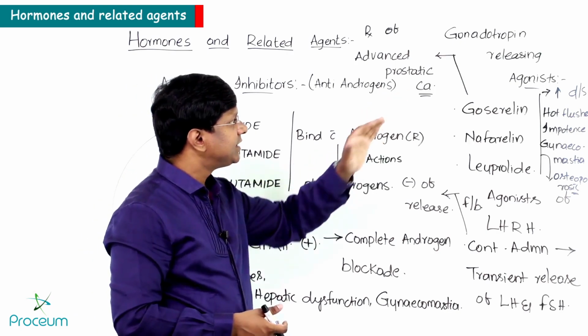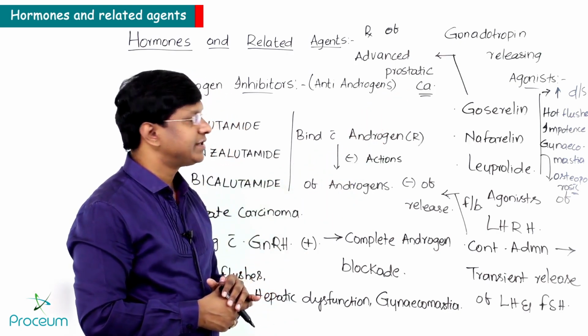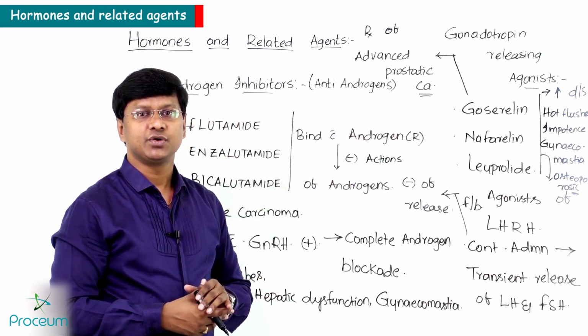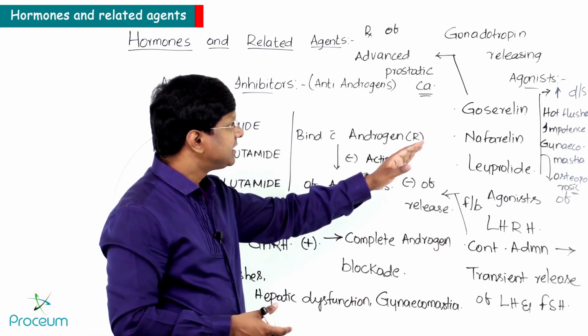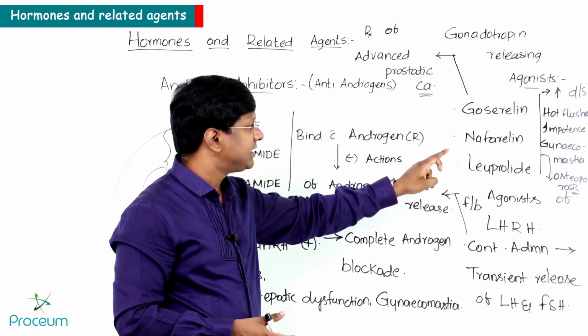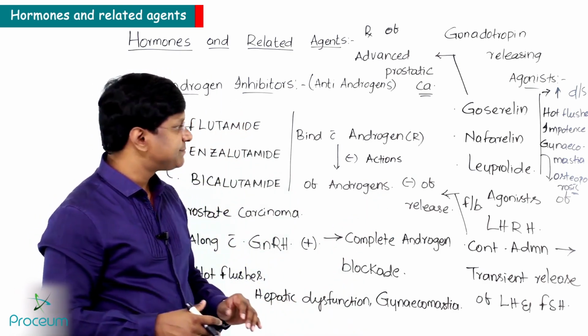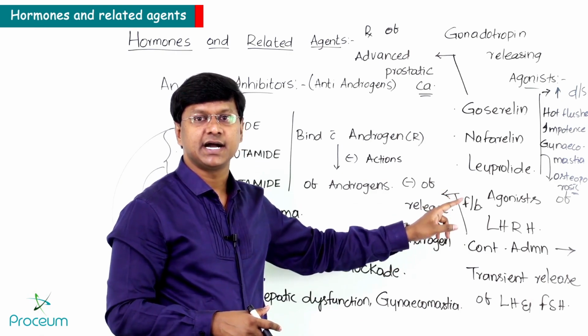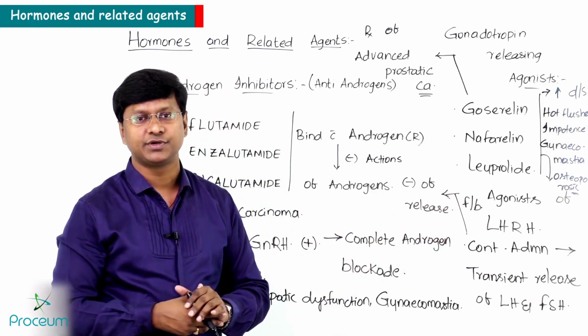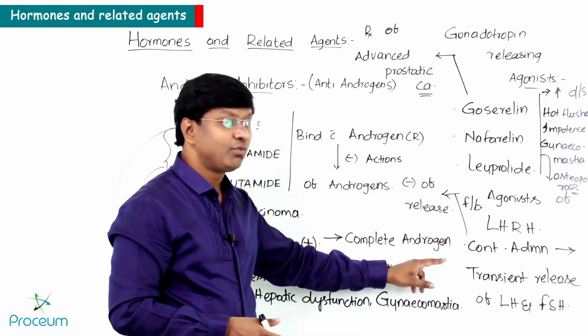Next, take the other group of drugs, that is gonadotropin releasing hormone agonists. The examples include goserelin, nafarelin, and leuprolide. These drugs act as agonists of the luteinizing hormone releasing hormone.